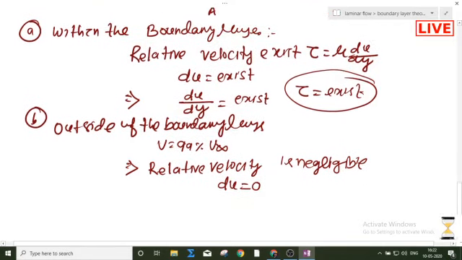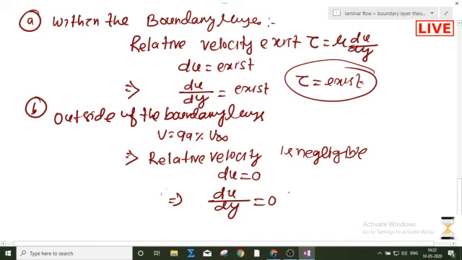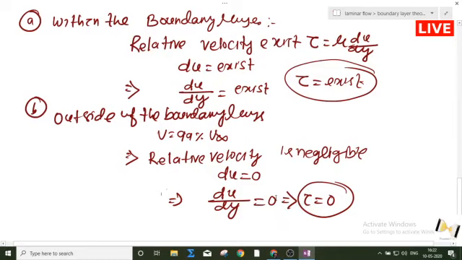As there is no relative velocity, there is also no velocity gradient, which means 0. If the velocity gradient does not exist, shear stress also does not exist. Shear stress will also be 0. So outside of the boundary layer there is inviscid flow, meaning no viscous flow will be there.